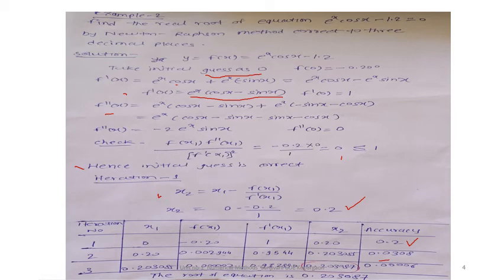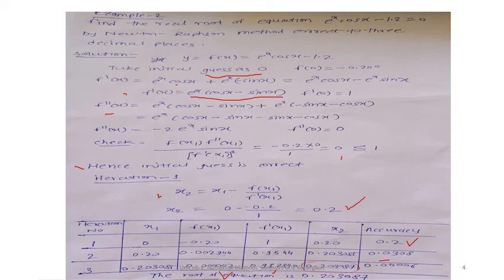Then the third iteration. Now this 0.203085 will act as x1. So f of 0.203085 is a very small quantity, and f dash is reaching positive 1. Then you observe that f dash of x1 is reaching a positive value. So x2 is 0.203087.